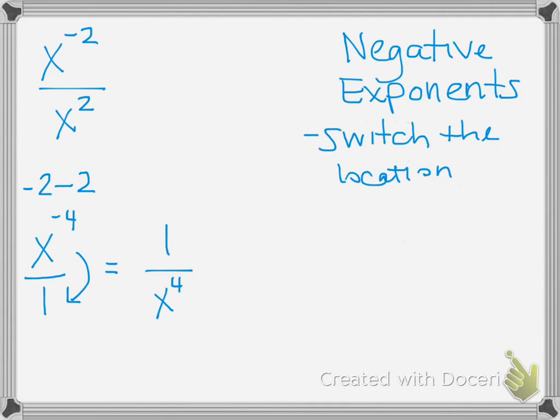The second way is to make the exponents positive first. So we see that the variable in the numerator has a negative exponent, so we will move it to the denominator first to make it positive. So this will leave a 1 in the numerator, and then when we switch it to the denominator, both of the variables are multiplied.